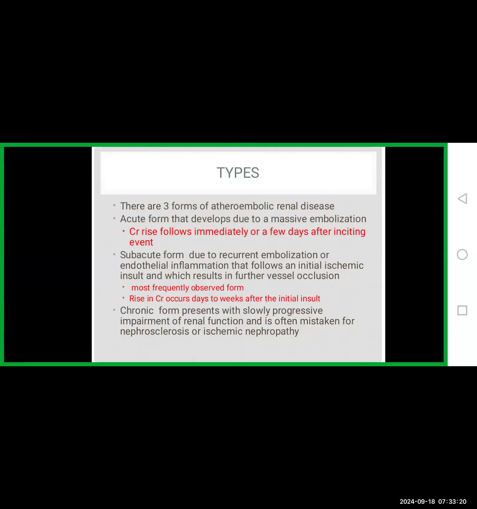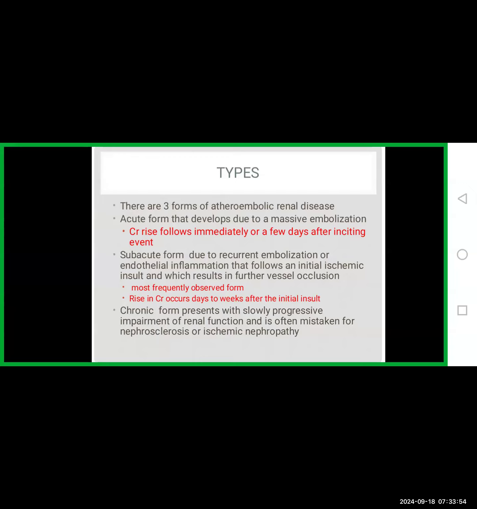So there are three types of arterioembolic renal disease. The acute form develops immediately or a few days after the inciting event, and in this case creatinine rise follows immediately. The subacute form is a result of recurrent embolization or endothelial inflammation that follows the initial ischemic insult and results in further vessel occlusion.